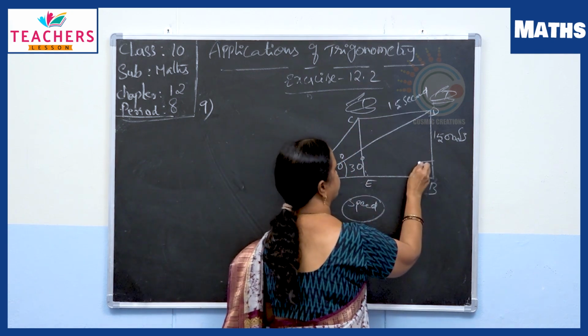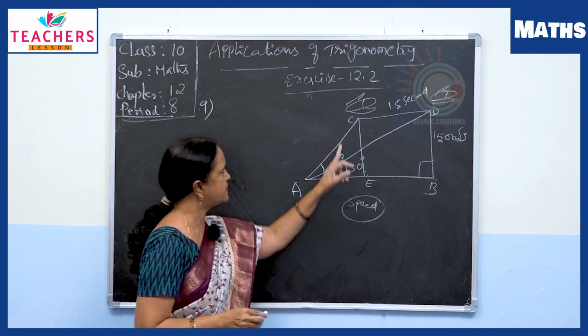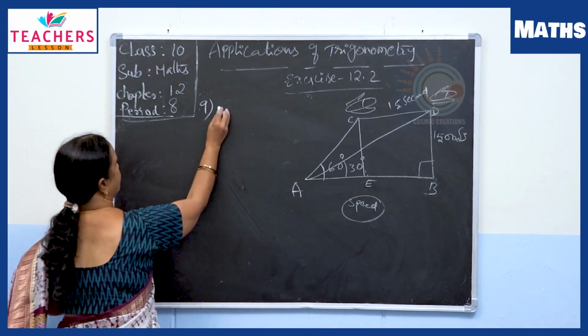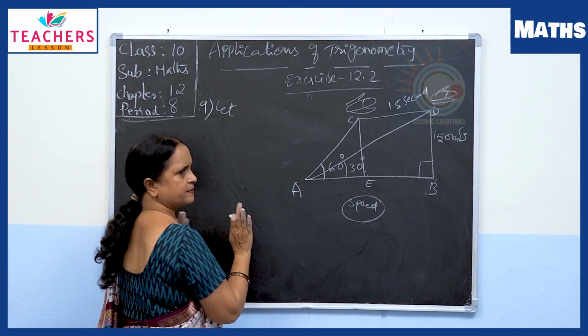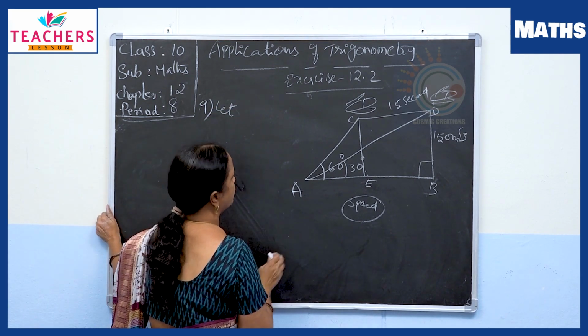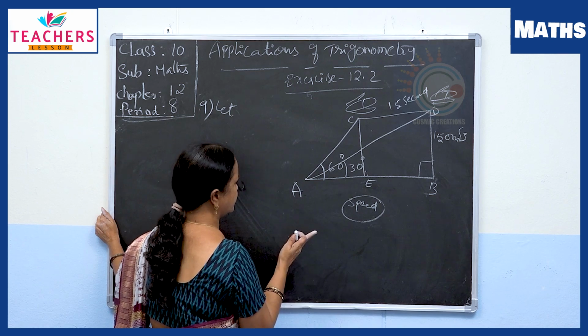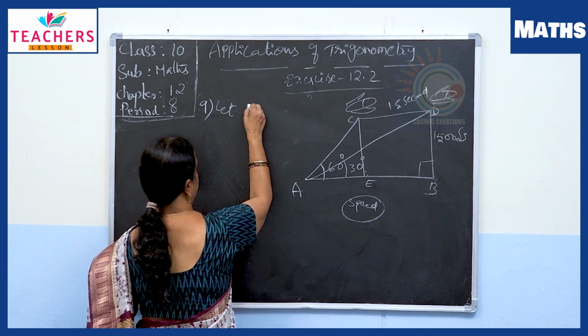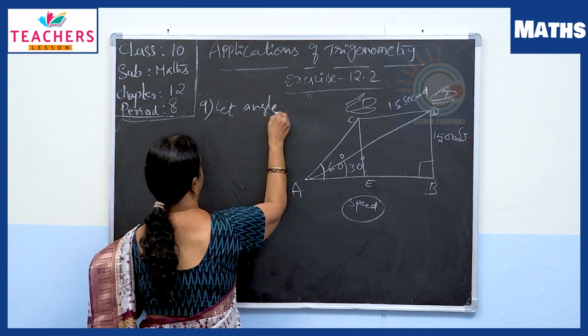Right angle triangle. One is CEA. AE is the distance.